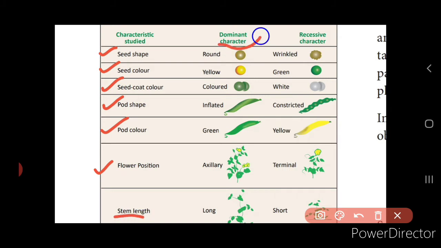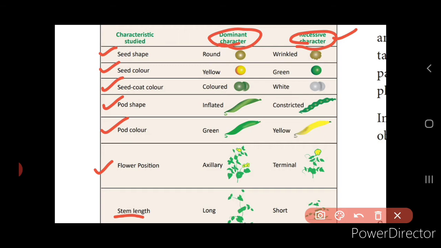Now these are the dominant characters and these are the recessive characters. What do you mean by dominant character? The character which expresses itself, which gets dominant, as the name indicates, right? And the recessive character is one which gets masked, which gets suppressed. These are the two different contrasting characters of the pea plant that was used by Mendel.